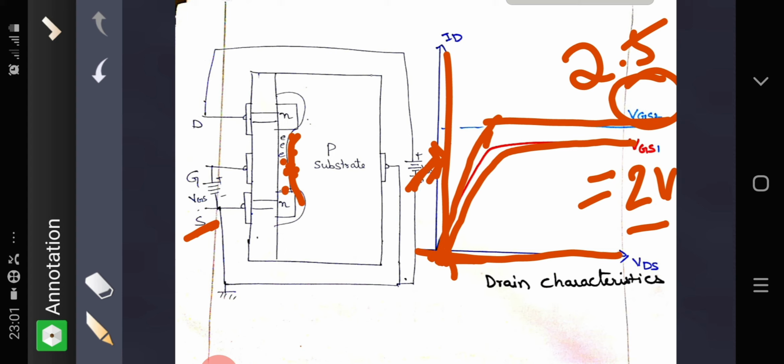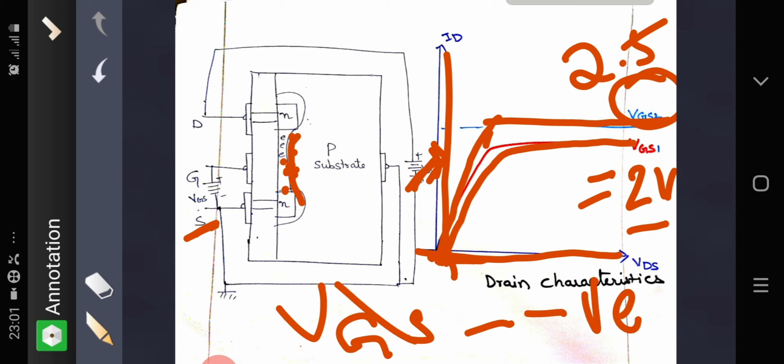Here in this case we don't take VGS as negative, because if we take a negative voltage instead of a positive voltage, electrons will get repelled and no channel will be formed.